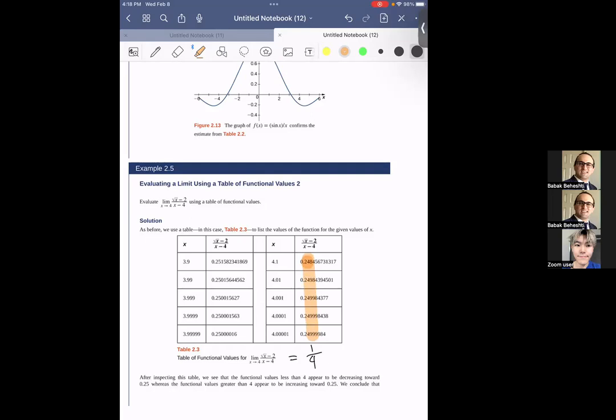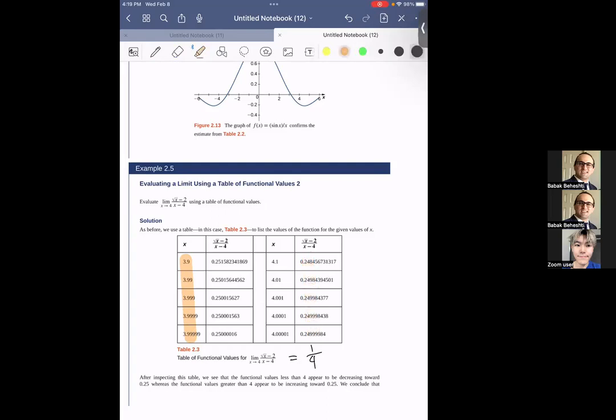So on the right-hand side, these numbers approach x equal to 4 from the right-hand side. So on the left side here, these numbers approach x equal to 4 from the left side, because these are less than 4, right?